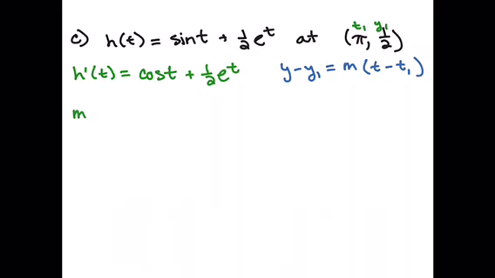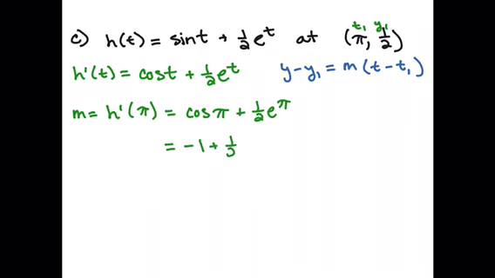So our slope then will be our derivative evaluated at pi, and cosine of pi is -1, so our slope is -1 plus 1/2 e to the pi. That's ugly, but it's just a number.